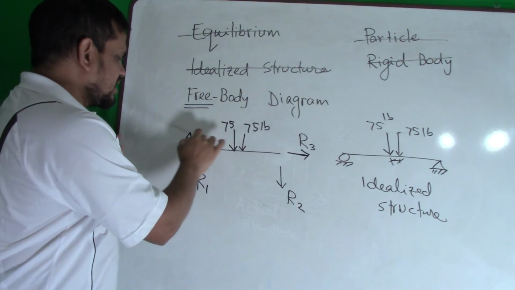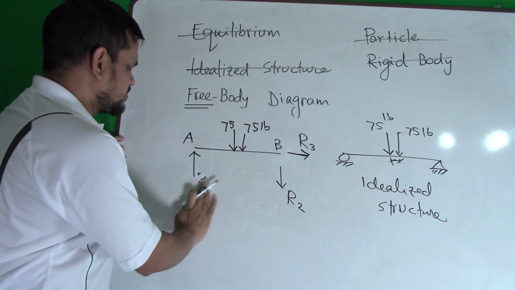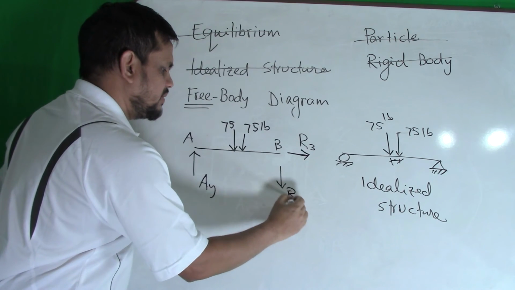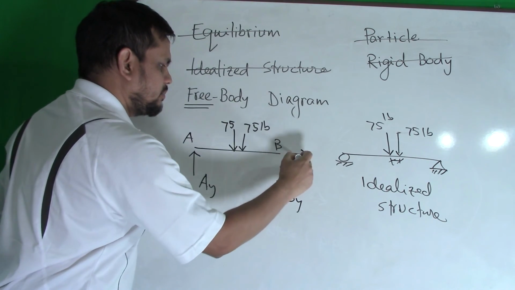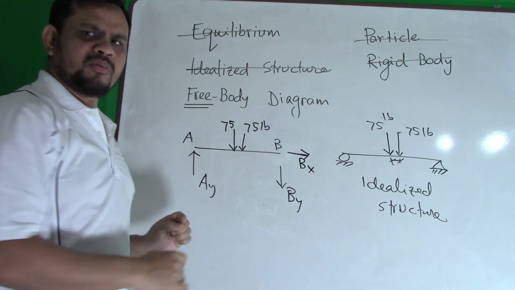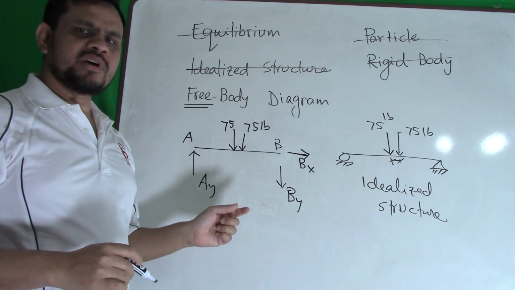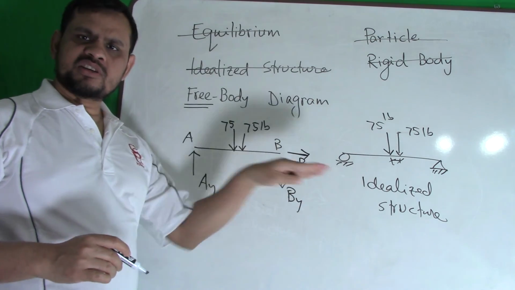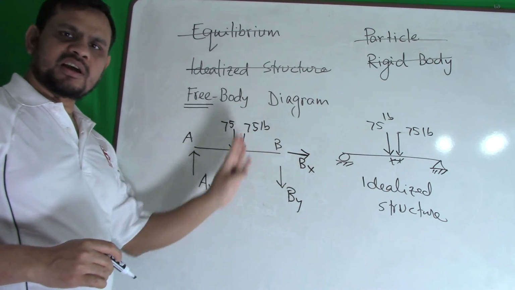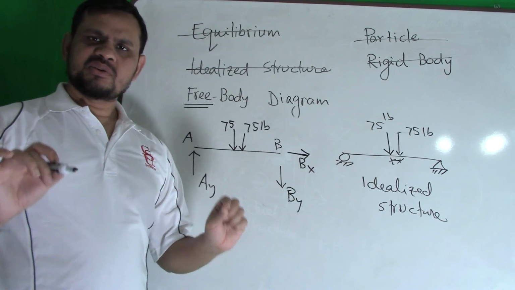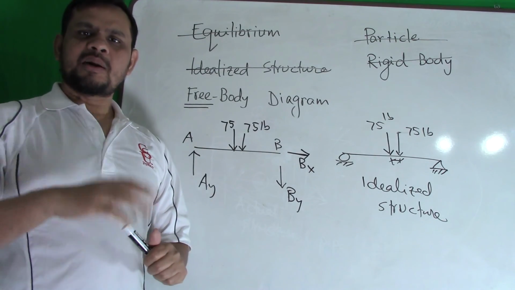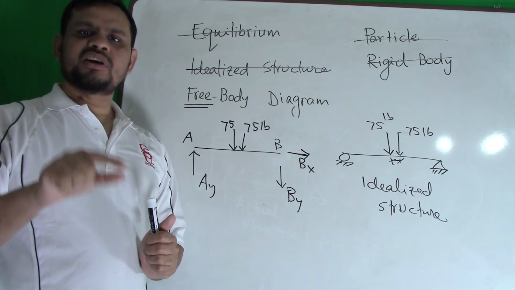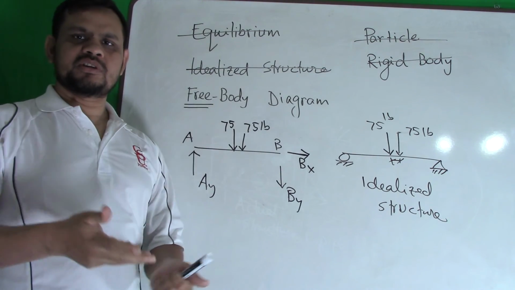If you see this is A, this is B, you can also name it A, Y. You can name it B, Y. You can name it B, X. This is more popular in United States. People go by AY, BY, BX. X means horizontal axis, Y means vertical. Now the arrow direction doesn't matter. You can assume whatever direction you like. After solving, if you get positive, that means your direction is right. If you get negative, your direction is opposite.